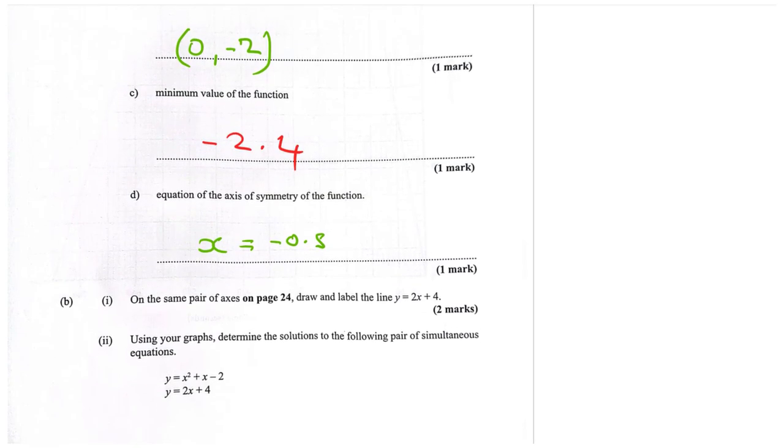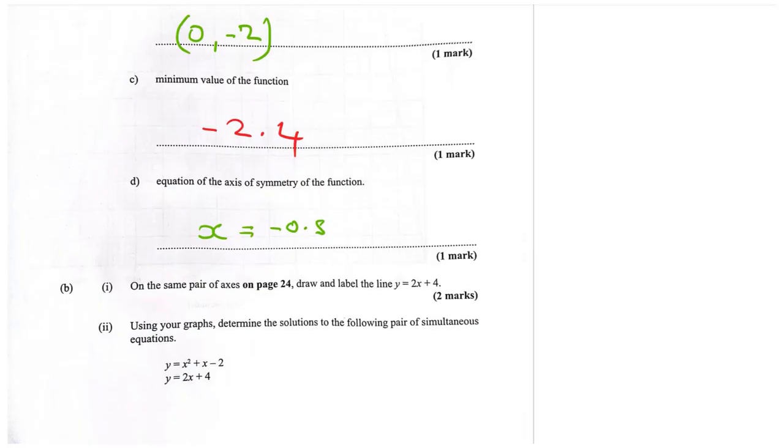Now let's look at part B. Part 1 of B says, on the same pair of axes on page 24, draw and label the line y is equal to 2x plus 4. Right? So let's analyze the equation here. y is equal to 2x plus 4.